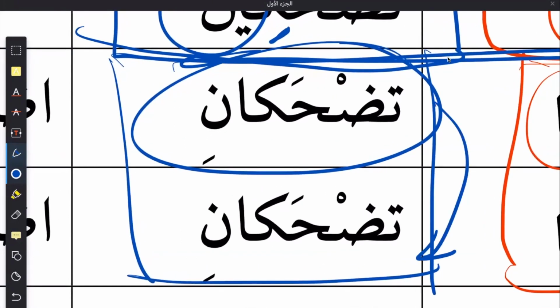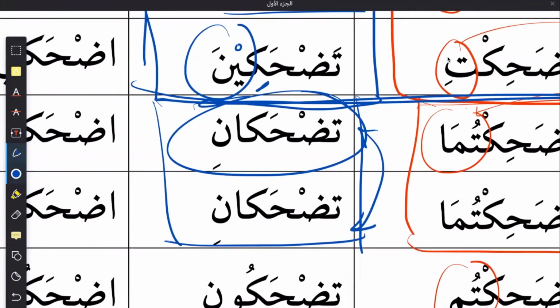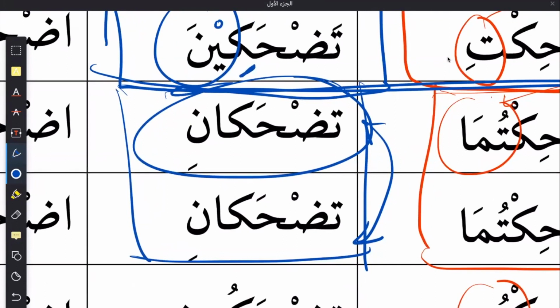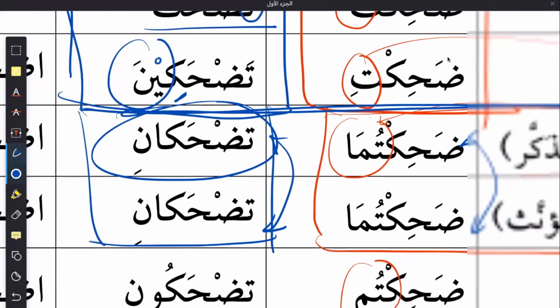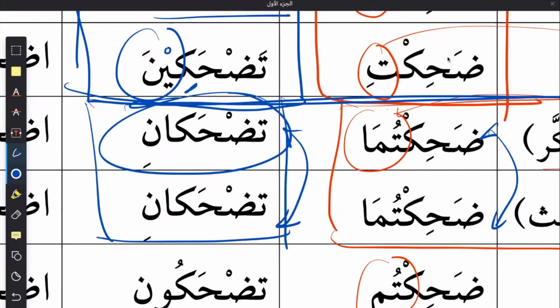You're looking at these two, they're the same, but so was the past tense. But why do you think tadhakani should be a little bit easier? We've seen this conjugation before, didn't we?